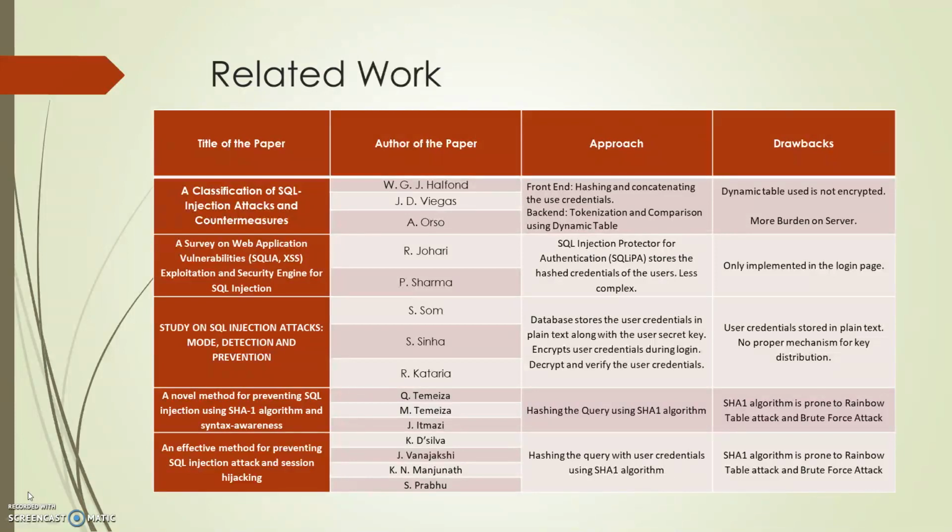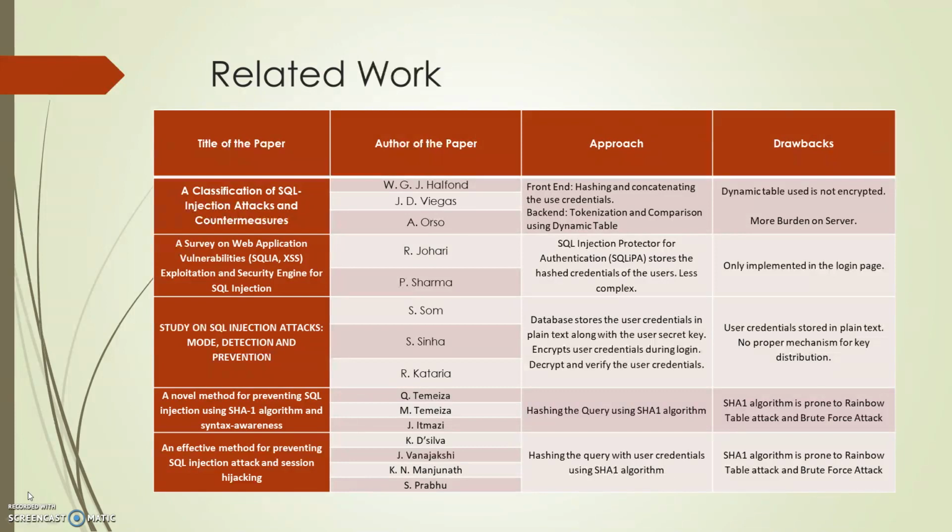Along with the dynamic table, the SQL query was encrypted and also sent to the server side. On the server side, this encrypted SQL query is decrypted, tokenized and again stored into a dynamic table. Then these dynamic tables are compared, and if they match, it means there is no SQL injection attack. The drawback of this technique is that the dynamic table used is not encrypted and is in plain text, and there is more burden on the server.